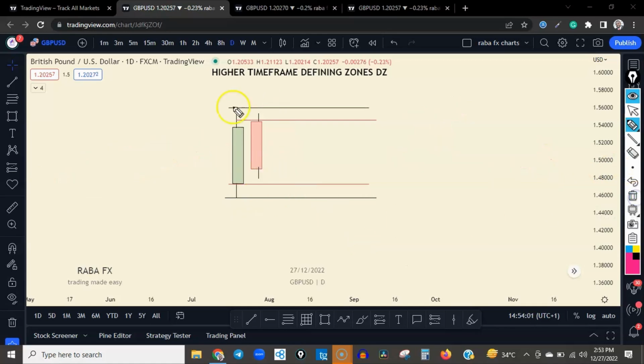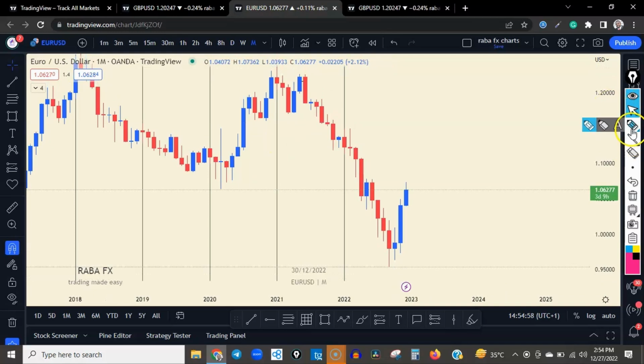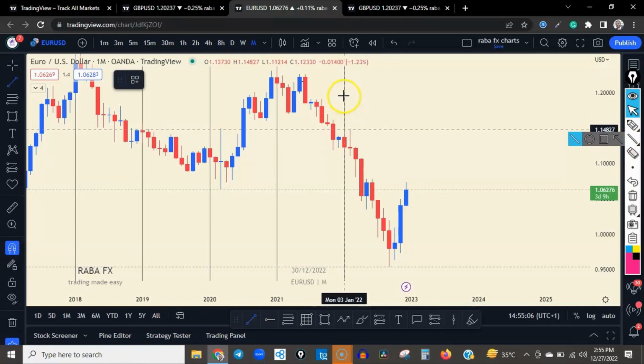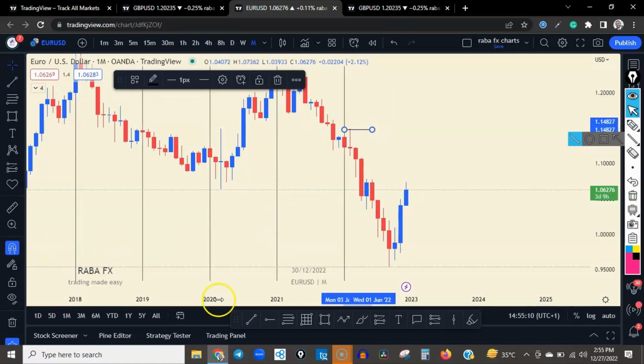So let's take a look at this. Starting with this year, you can see we have the January high here, and February.